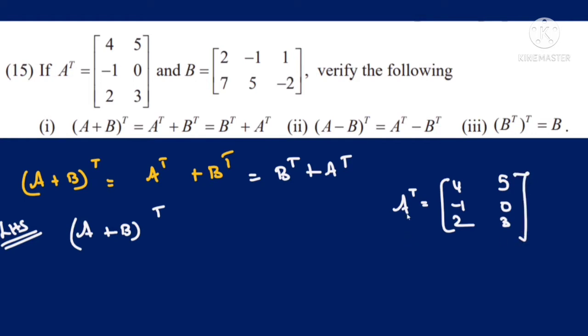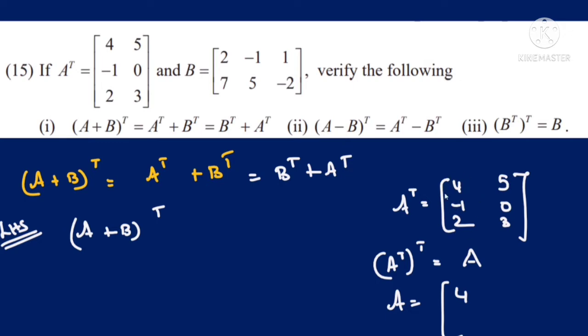How do you find the matrix A from A transpose? There is a rule: (A transpose) transpose is equal to A. So take the transpose of this. See, A transpose is this. Transpose means change rows to columns, columns to rows.